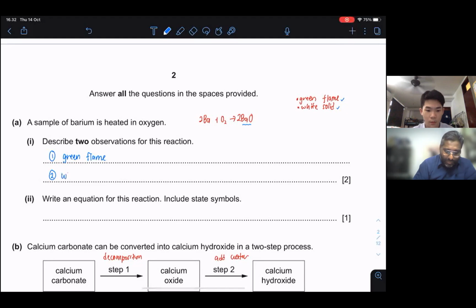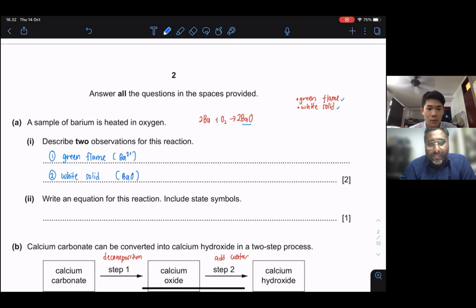The green flame is actually from barium, more like barium 2+. You can check. And the white solid is the barium oxide itself. So these are the two observations.